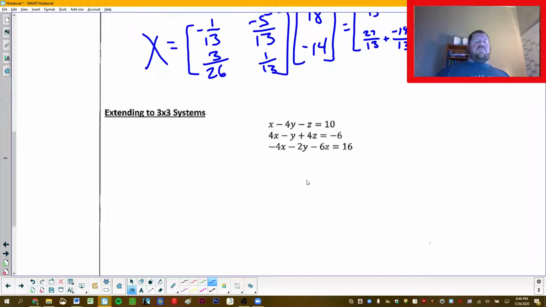We're going to pretty much set it up the same exact way as that problem that we just did.